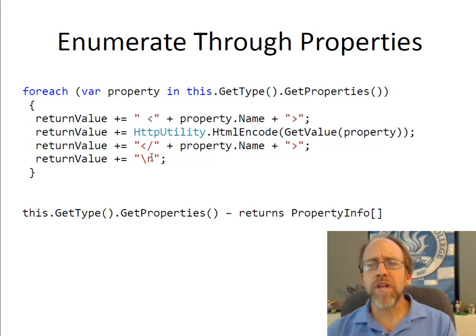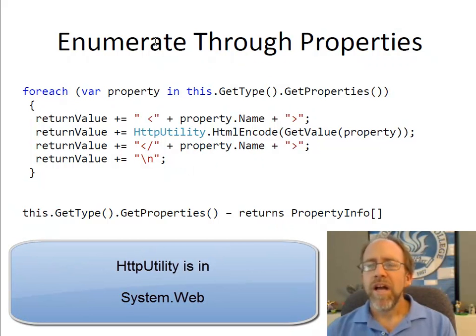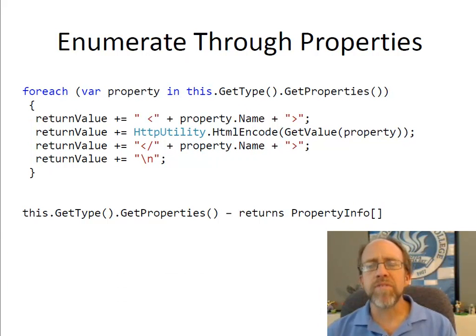I also put in a new line break because when I look at this in a text editor, I want the XML that comes back to be easy to read. So that's that \n there. This method actually has a lot more complexities to it, so I've simplified it a bit for this lecture so you can understand what the steps are.